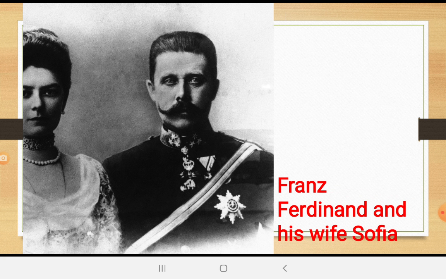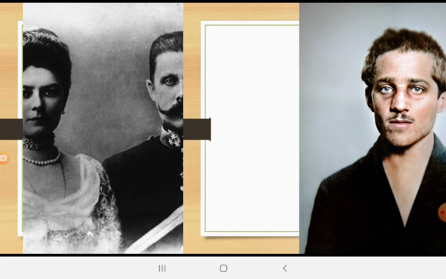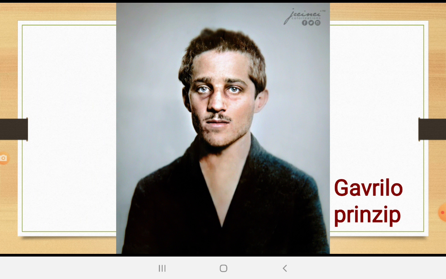Who killed this family, Franz Ferdinand and his wife? It is this man called Gavrilo Princip, a Serbian student. This marked the attack or aggressiveness of countries that led to the beginning of First World War.